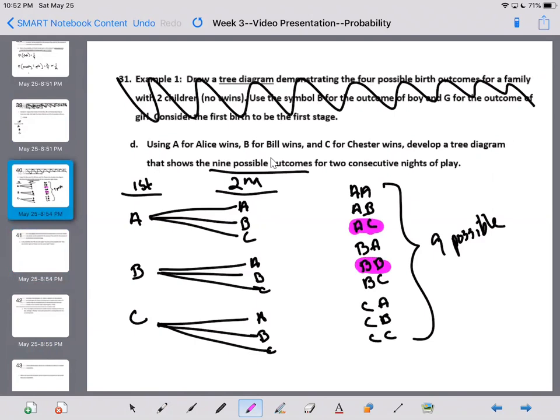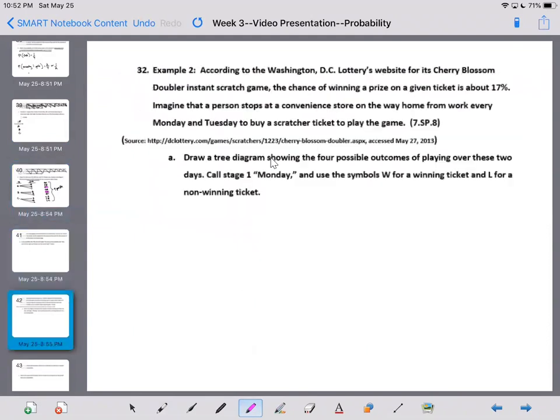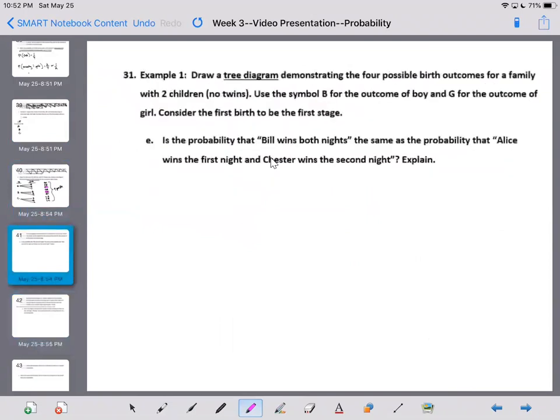So those would be the same. And then the probability, like I said, of each one winning is 1/3. Probability of Bill winning both nights is 1/9. The probability of Alice winning and then Chester winning would be 1/9.